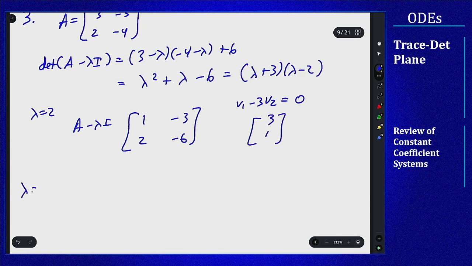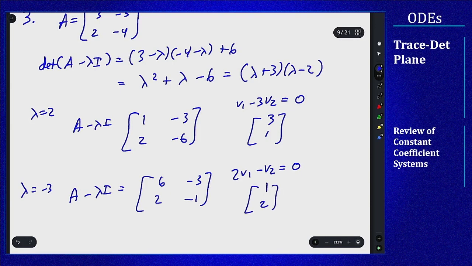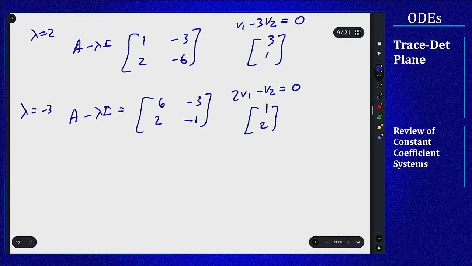For lambda equals -3, A minus lambda I is 6, -3, 2, -1. The bottom row is now 1/3 the first row, so they're repetitive and redundant. So we know that 2 v1 minus v2 must be 0, or I can pick an eigenvector of (1, 2).